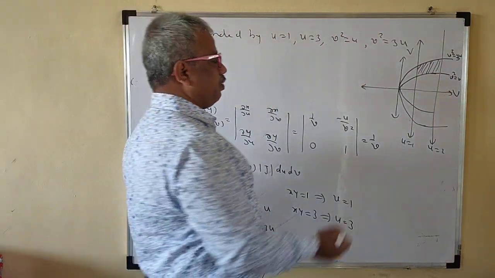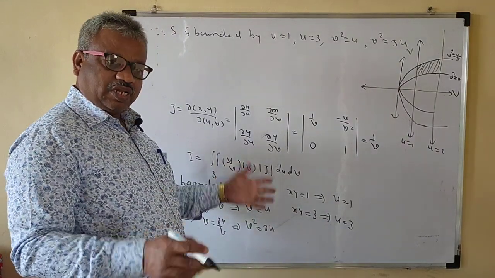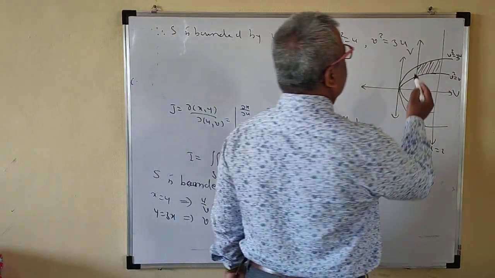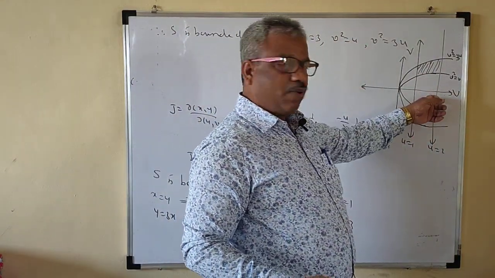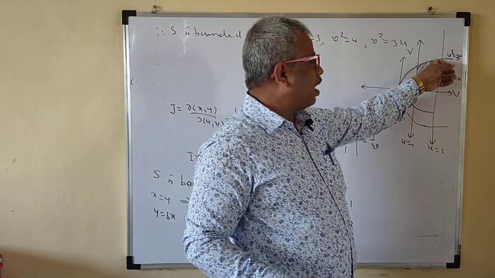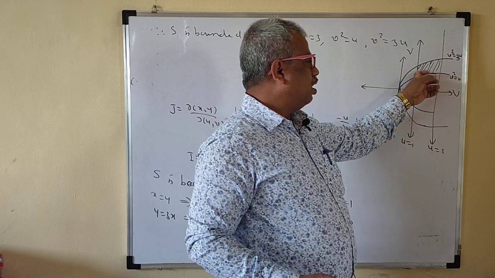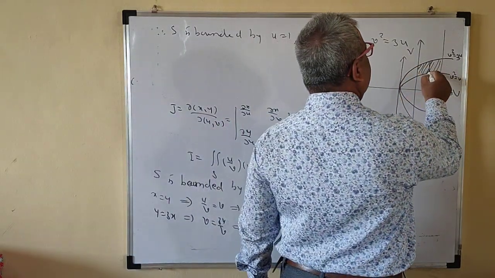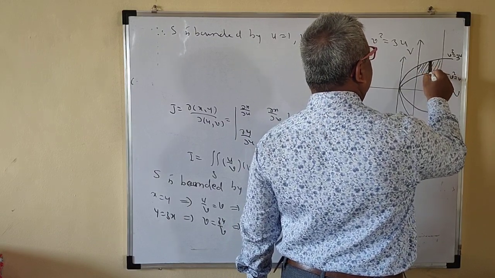Okay. Now we draw the strip. This is integrable with respect to u and with respect to v, so no problem, you can draw. But if you want to draw the strip parallel to the u axis, then it goes from parabola to line, line to line, and again line to parabola. It is better to draw the strip parallel to the v axis only.